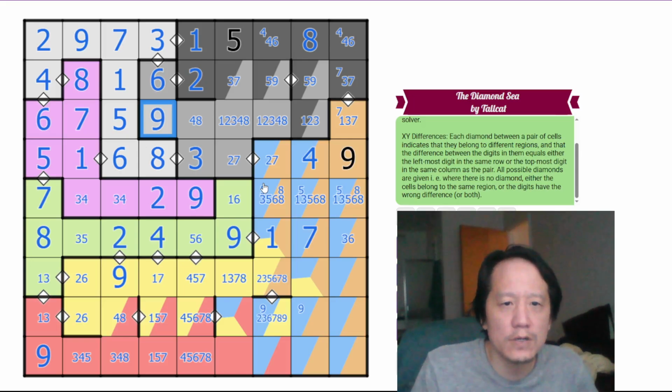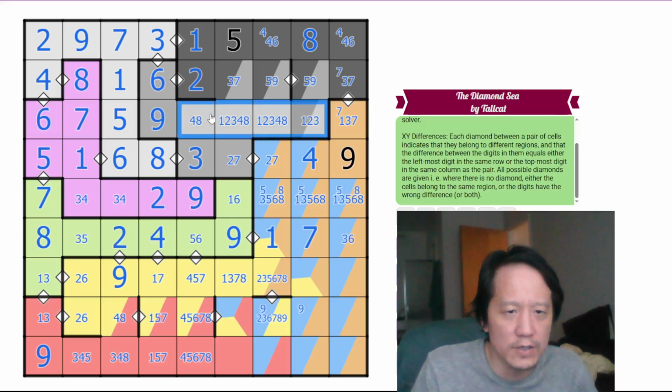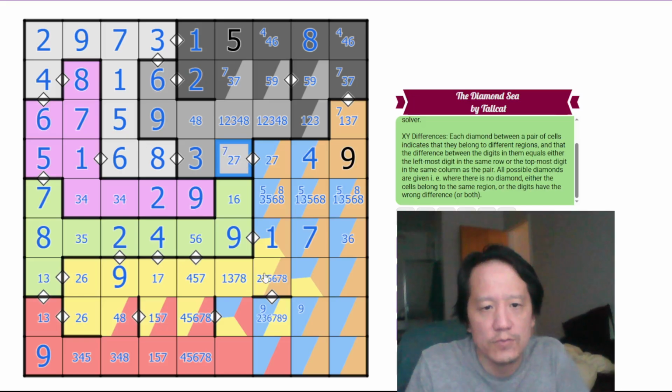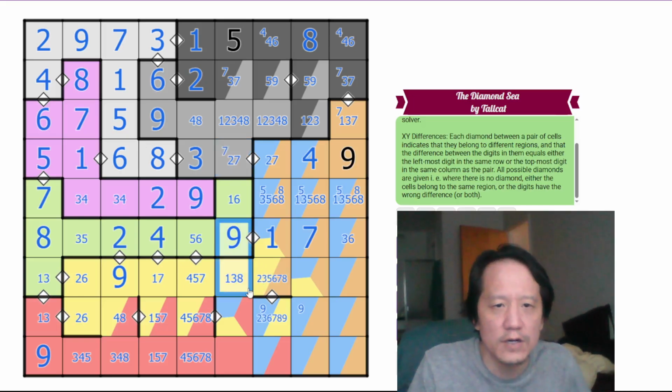For the medium gray region, we need a 7. And it cannot be any of these. Can't be here. So one of these two must be a 7, which eliminates 7 in the rest of the column.